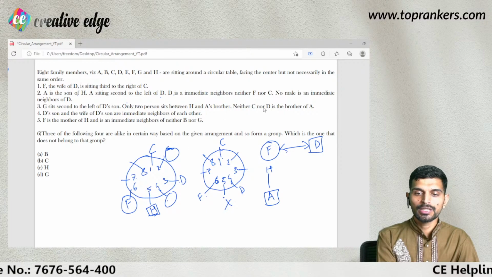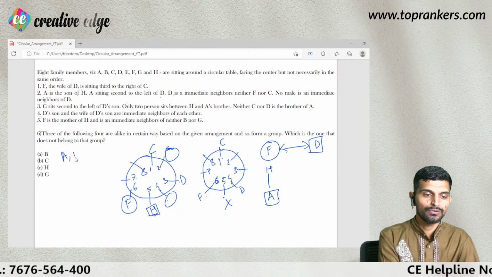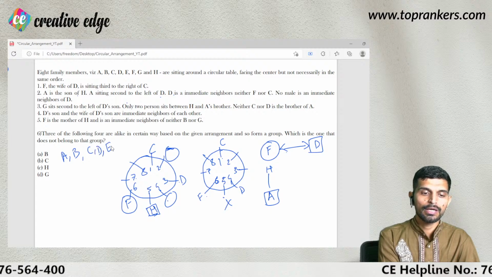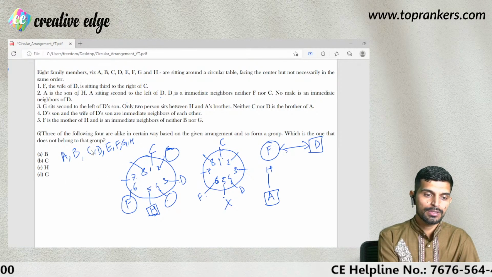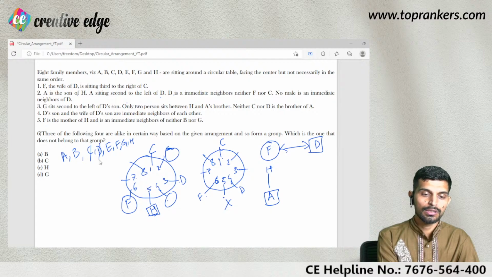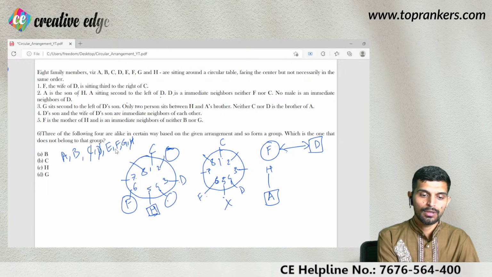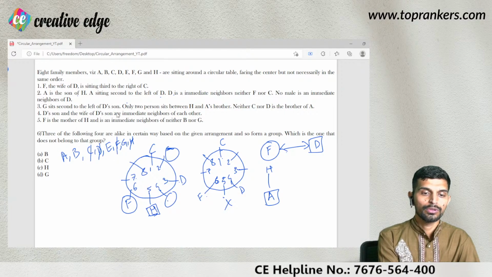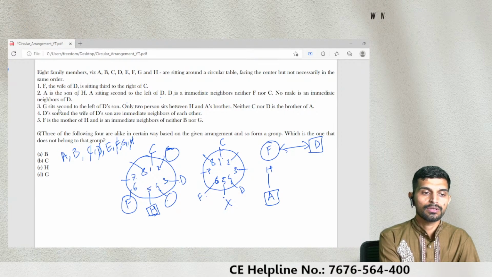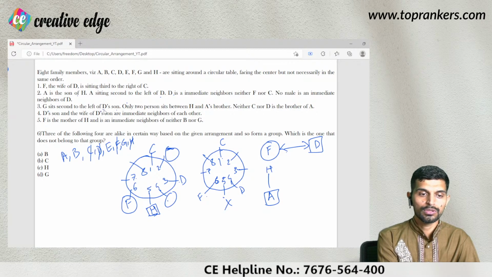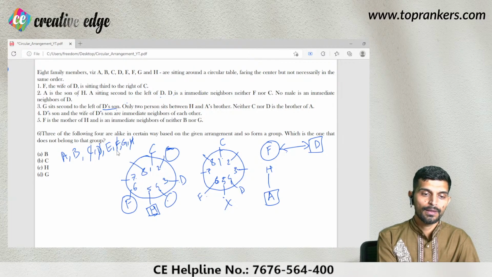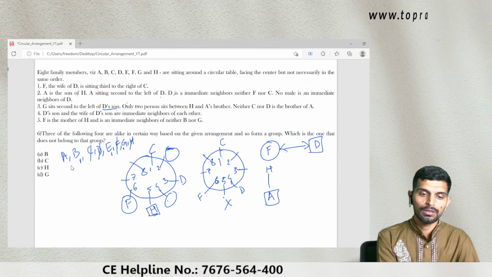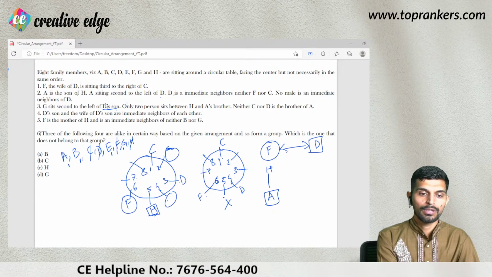So A's brother, neither C nor D is brother of A. How many characters do we have? 8: A, B, C, D, E, F, G, H. Out of them, we have already placed C, D, H, and F. So G sits second to the left of D's son. Who is D's son? D's son could be either E or G or B or A.